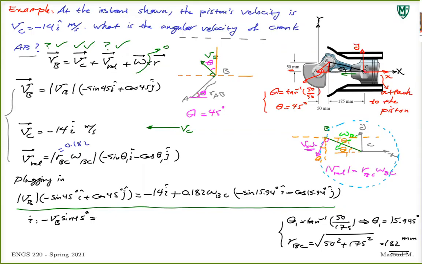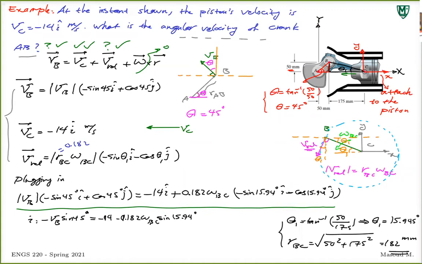On the right side, we have minus 14 and minus 0.8 times 182 omega BC sine 15.94 degrees.